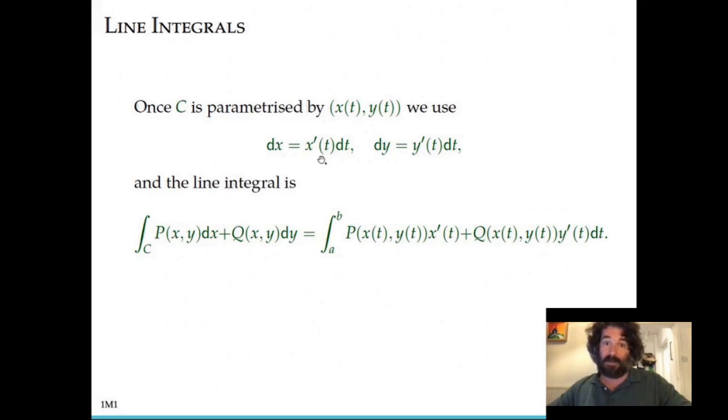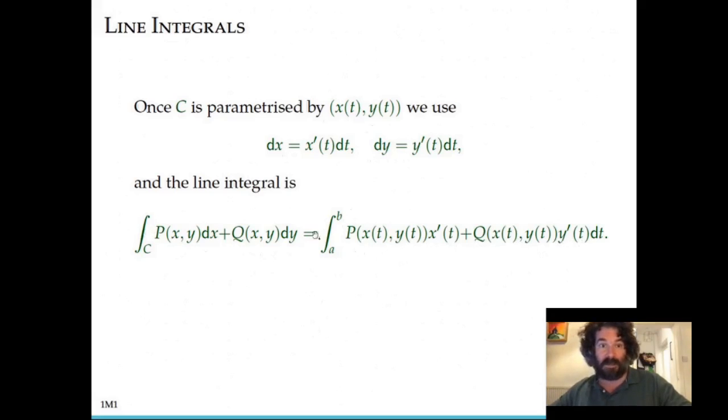And once we use this rule for replacing dx and dy, then this line integral along the curve C of this differential form becomes just the single integral from a to b of p evaluated at the point parameterized by t times x prime of t plus q times y prime of t dt.